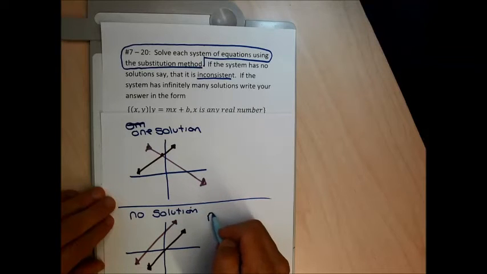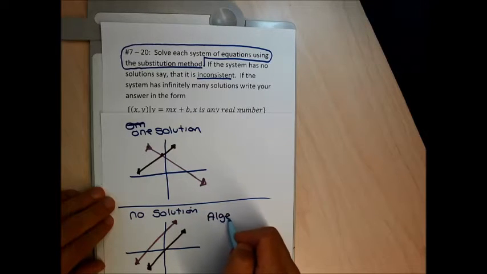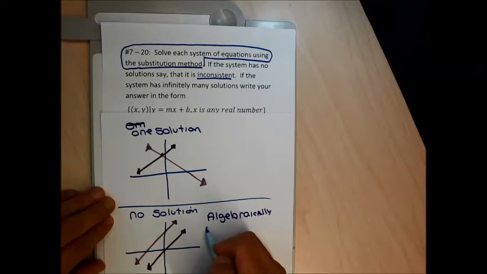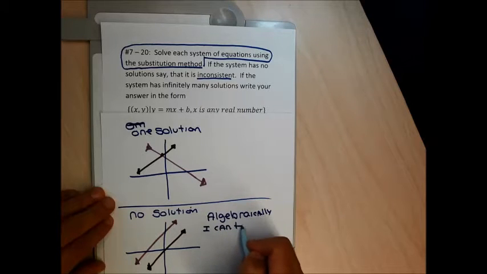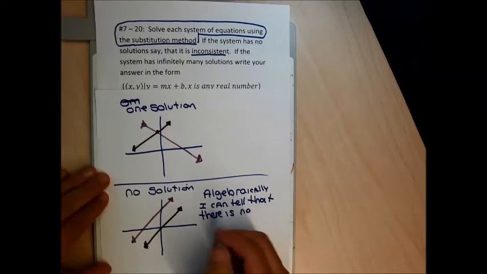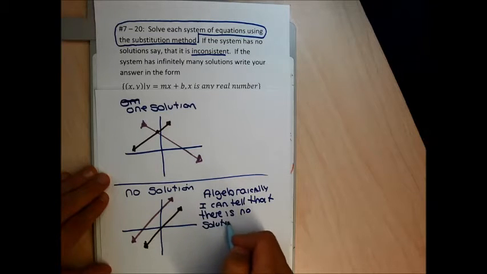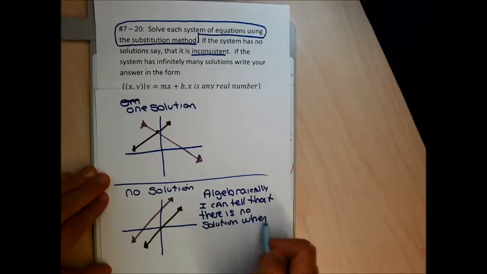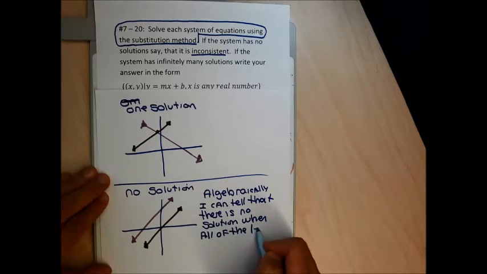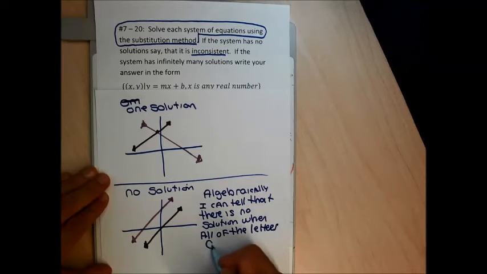Algebraically, because we're going to be solving these using algebra, I can tell that there's no solution when all of the letters cancel and a false statement is left.